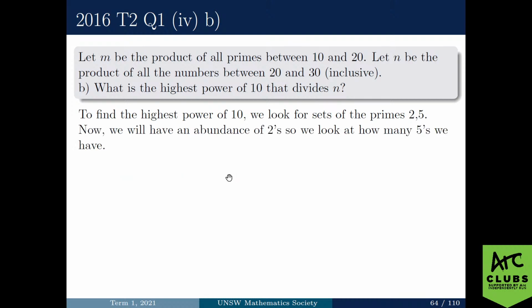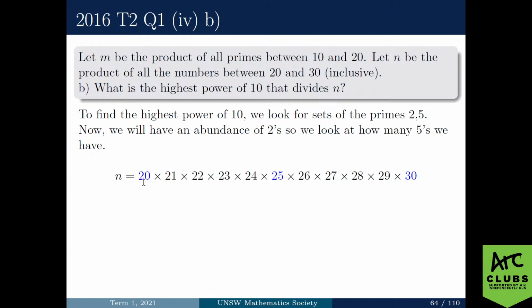We can look for both 2 and 5, but it's more reasonable to just look for 5, because within our prime factorization of n, we're going to have heaps of 2's and not a lot of 5's. And we need these 5's in order to make a 10. If we don't have a 5, we cannot make a 10. Okay? So if we look at the product that we had before that was defining n, we can see that there are in fact 3 numbers that 5 divides into.